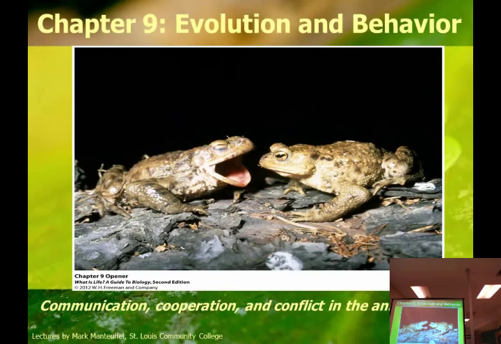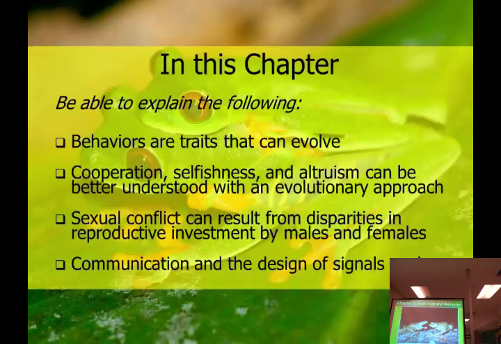And so we're going to talk about communication, cooperation, and conflict in the animal world. So we will talk about how behaviors are traits that can evolve over time, talking about things like cooperation, selfishness, altruism, and altruism basically means helping others, and how they can be understood with an evolutionary approach.